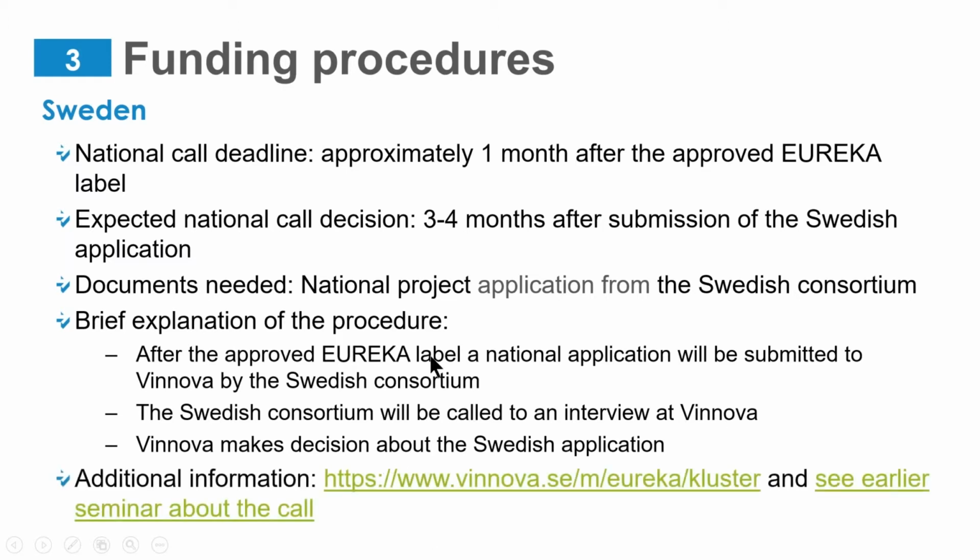Additional information about the requirements from Vinnova for the national partners appears in the link provided, and also an earlier seminar about the call that was made by Vinnova is available. The information can be accessed from the Vinnova website and also from the Smart website as well.